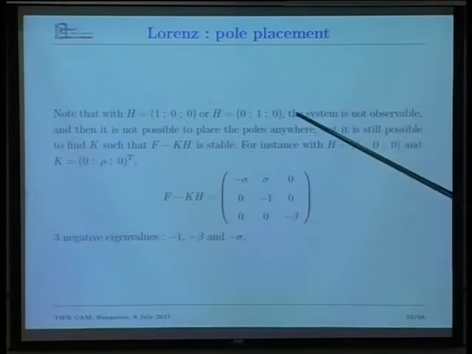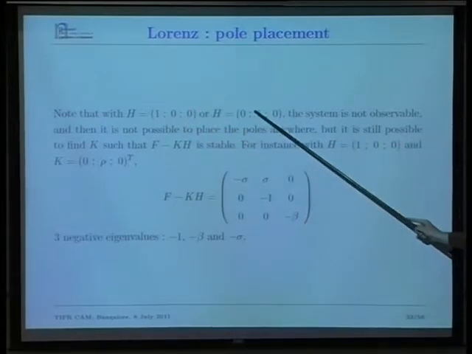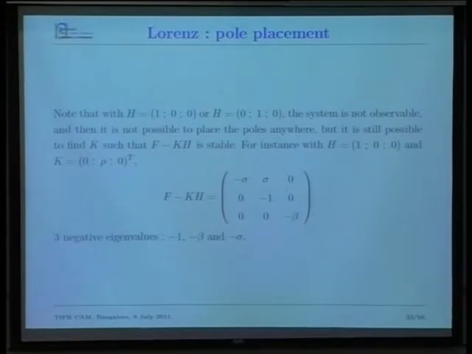So if you observe only x or y, the system is not observable. The rank will be 2 only and not 3. But you can still stabilize the matrix in this case. There is no theoretical result that says that you can do it, but you can do it.